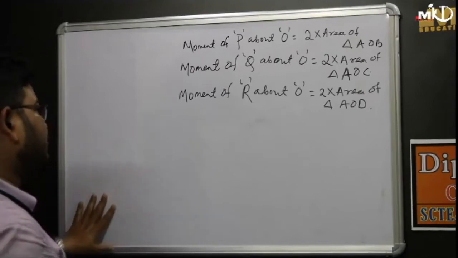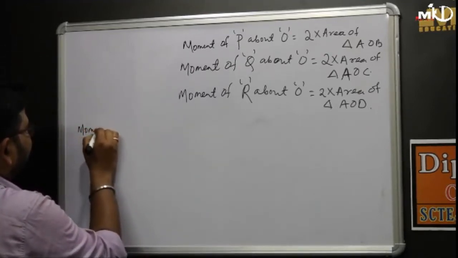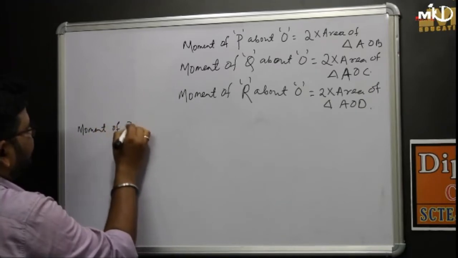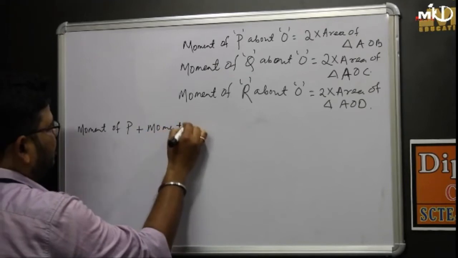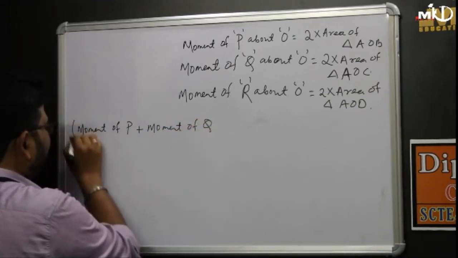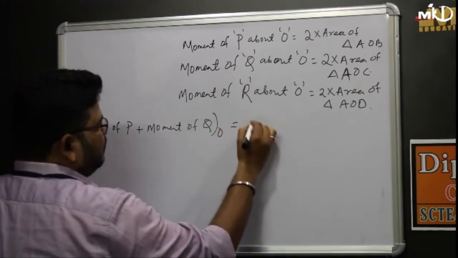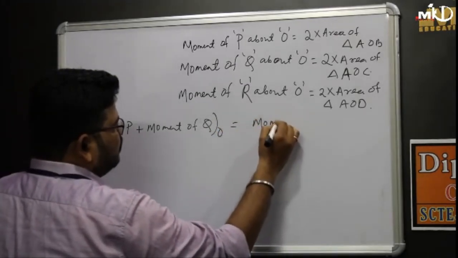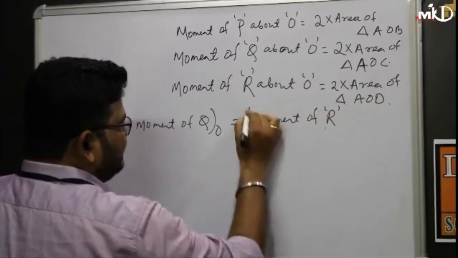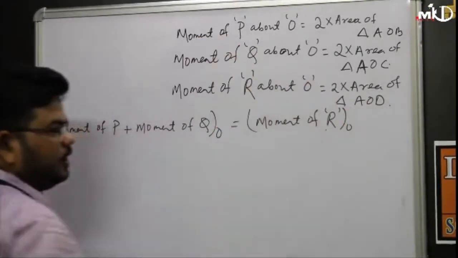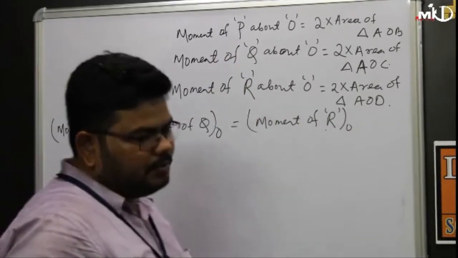Now, according to Varignon's theorem, the moment of P plus the moment of Q about the point O will be equal to the moment of their resultant R about the same point O. This is what is to be proved here.